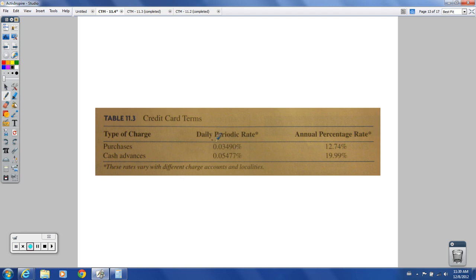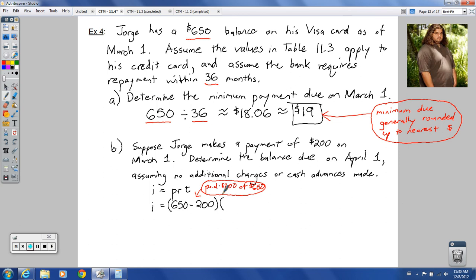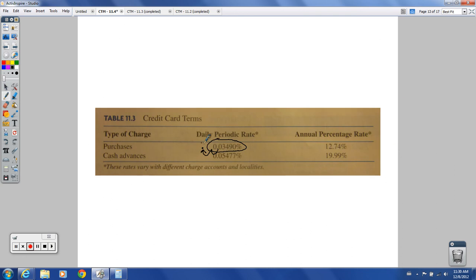So the daily one with the purchases, this is not a cash advance. Cash advance is like when you get cash in advance. They give you cash, but then you have to pay it back plus interest at a higher rate. Purchases though, we're going to use that 0.034. To change this to a decimal, you've got to move that 2 spots. So this will be 0.000, 3 zeros instead of the 1 because we moved the decimal place 2 spots.